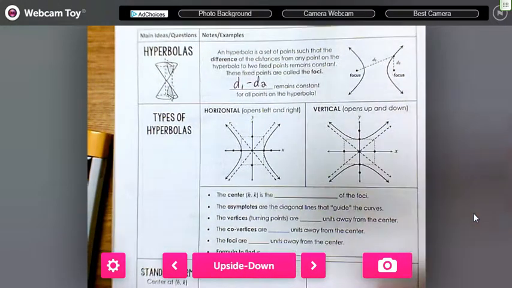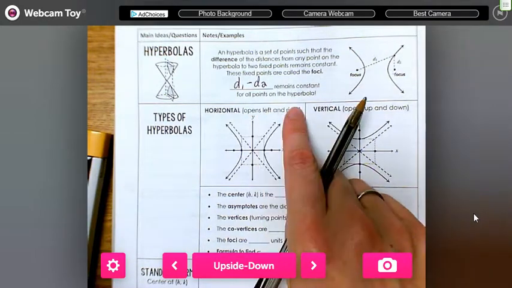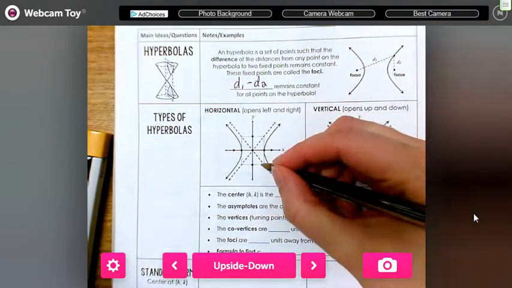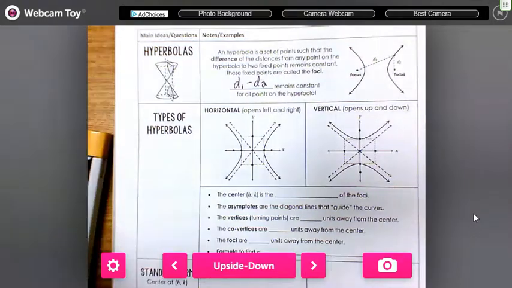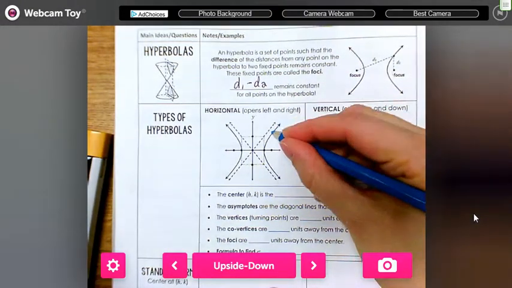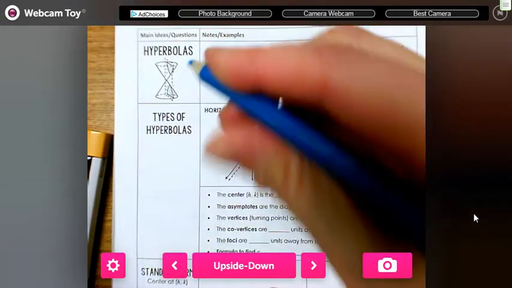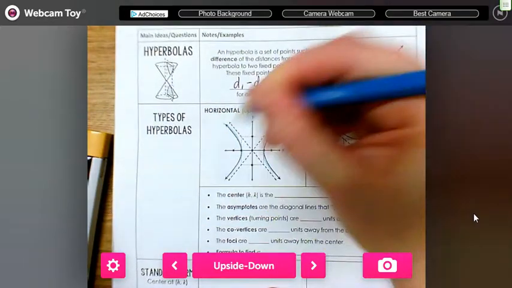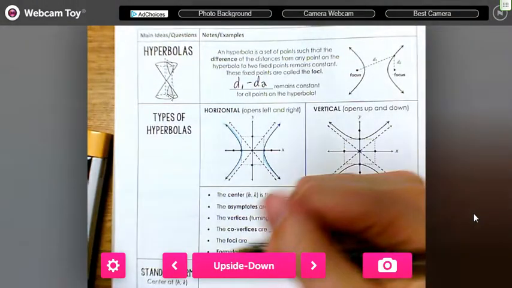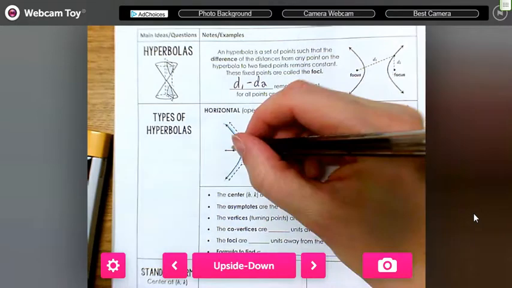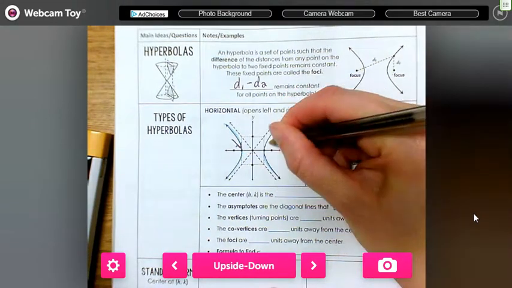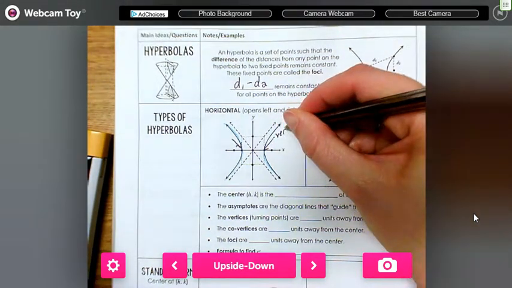Okay, this is my horizontal, opens from left to right. If we can see right here, I'll put it in color. This right here is what I'm looking at. That's the hyperbola. That's my graph. But then there's all these other points here. Okay? These points right here, those are my vertices.